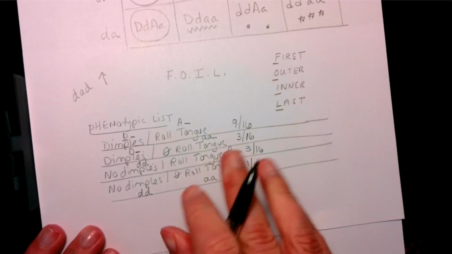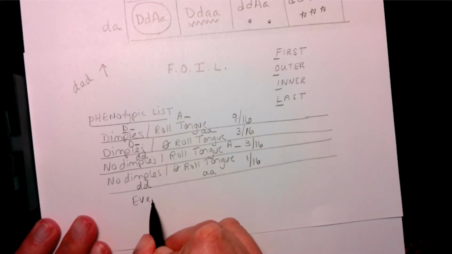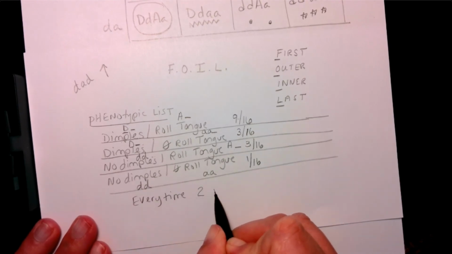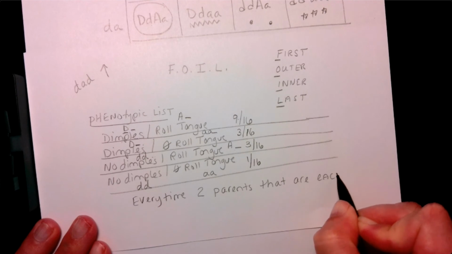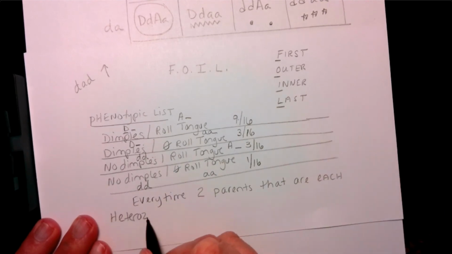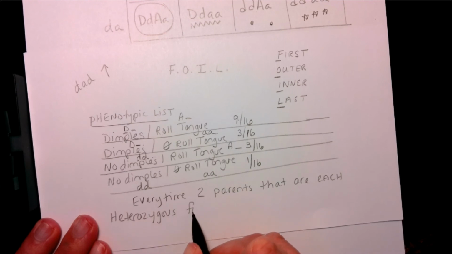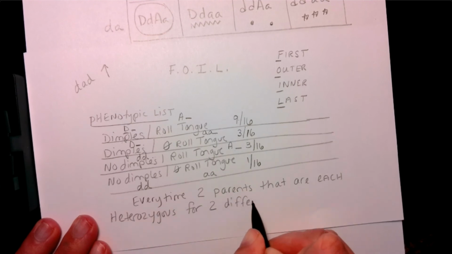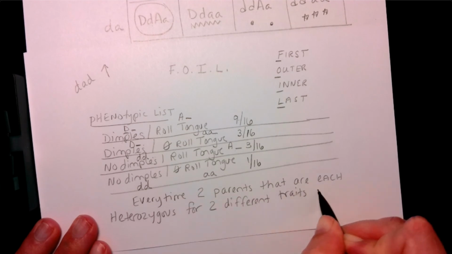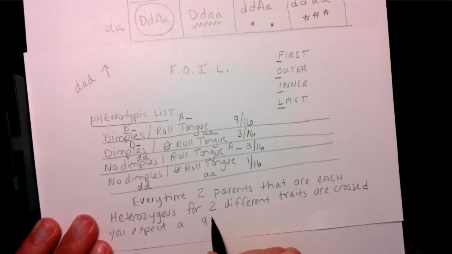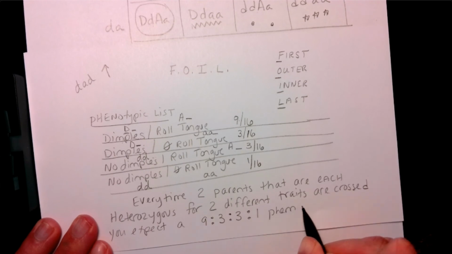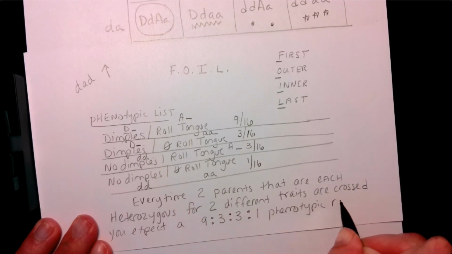This is an important thing for you to remember. Every time two parents that are each heterozygous for two different traits are crossed, that means mated, you expect a 9 to 3 to 3 to 1 phenotypic ratio.